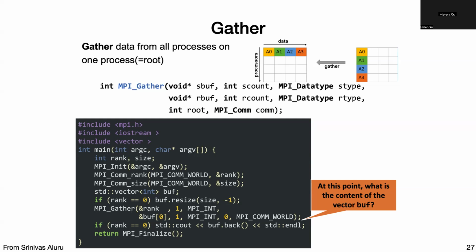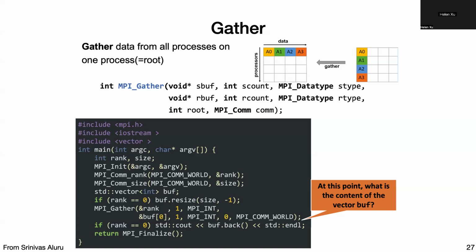So this is an example of how you would call it. You have a vector, which is the buffer. If your rank is 0, then you resize the buffer to the number of ranks in the entire world. You call gather. The source buffer is your own rank.